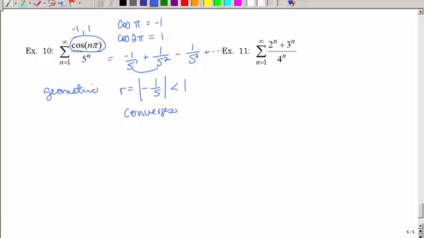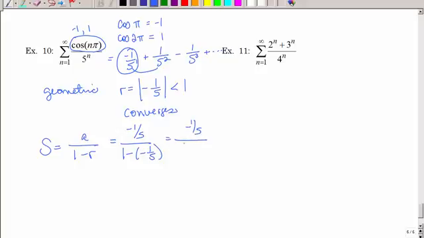And it says if it converges, to find its sum. So the sum is a over 1 minus r. So let's see, a is negative 1/5, and r is also negative 1/5. So my sum is negative 1/6. So it's geometric. I've shown why. It converges, and there's my sum.